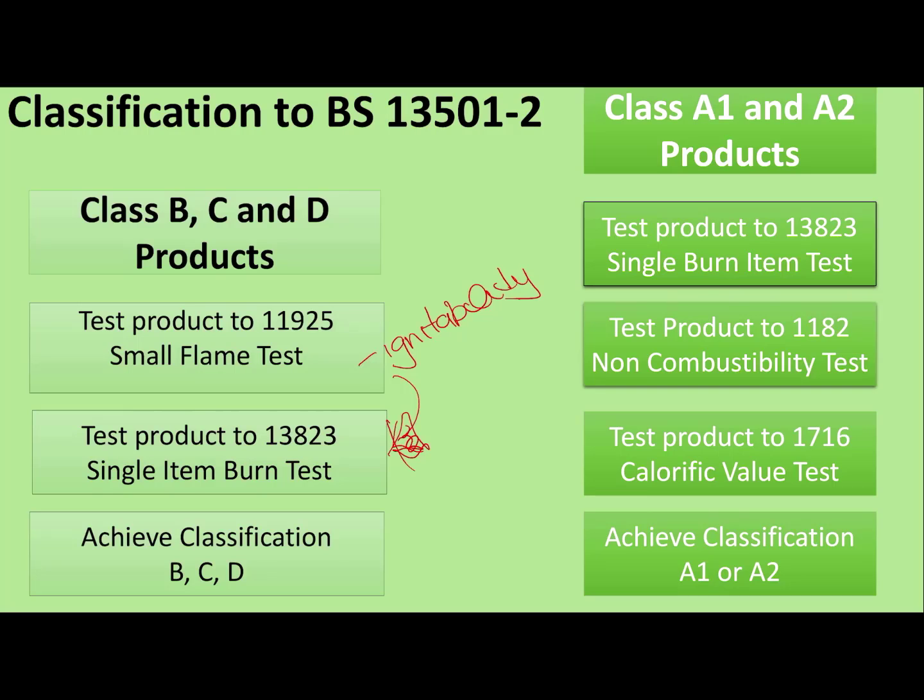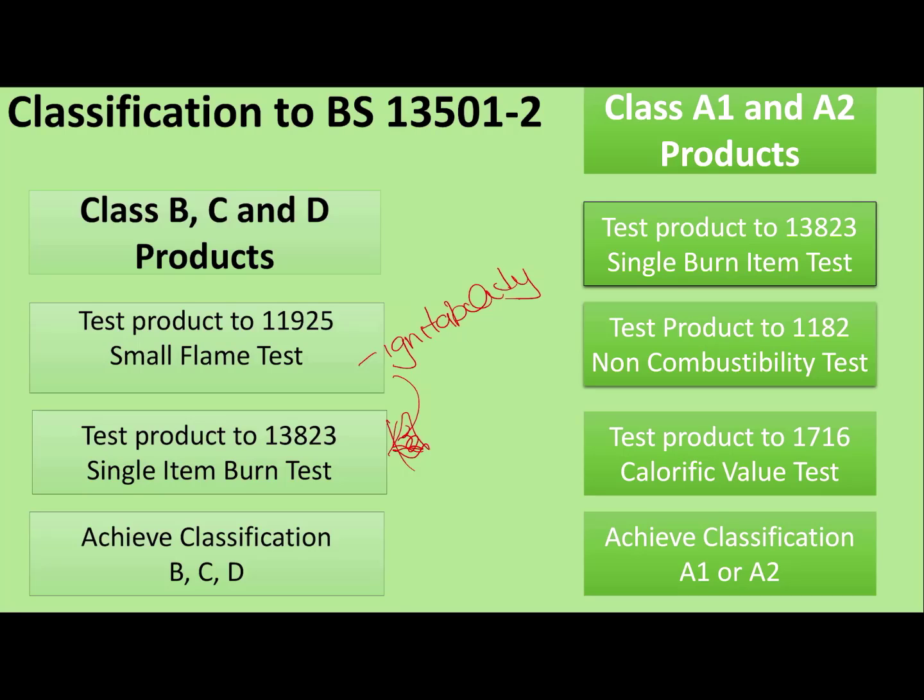So all the stuff that we're aware of, the B, s3, d2, it all comes effectively from that test. And the results of those tests will depend upon whether you get a B, C, or a D classification.